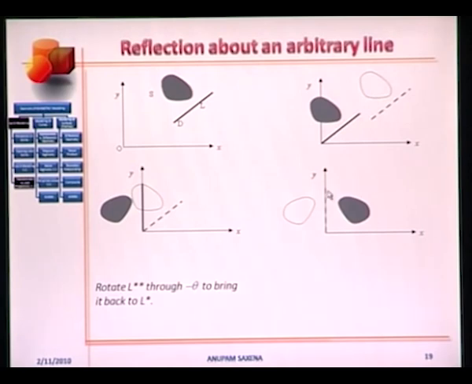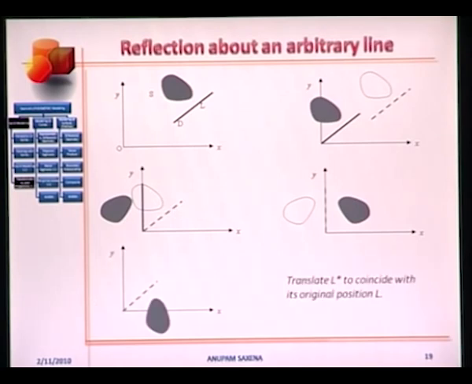In other words, I need to rotate this line to bring it back to this position, like so. And then finally, translate the line L star to coincide with its original position.